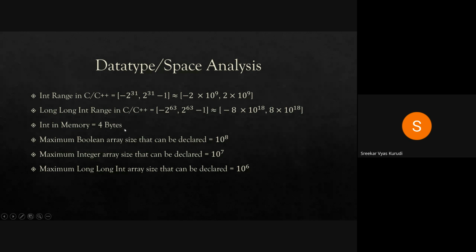The maximum boolean array size that you can declare is 10 to the power of 8. The maximum integer array size that you can declare is 10 to the power of 7, and the maximum long int array size that can be declared is 10 to the power of 8, because long int takes 8 bytes in memory, double the memory of an integer. So this is the approximation of the maximum size of array that you can declare. Right. So this is about very small data type analysis.